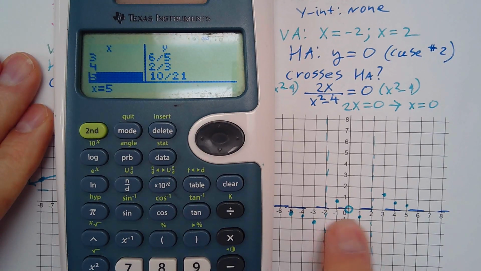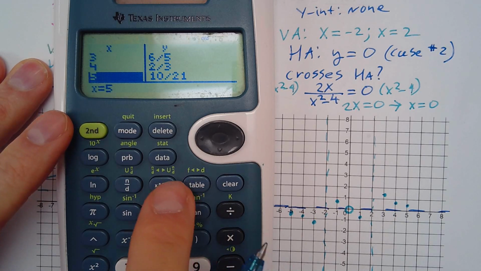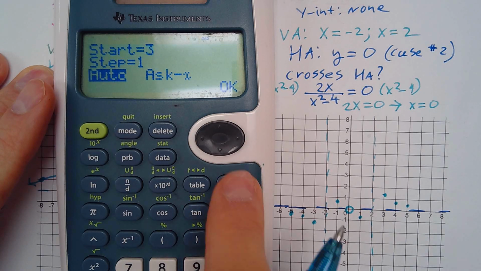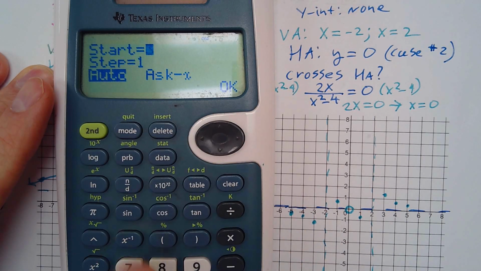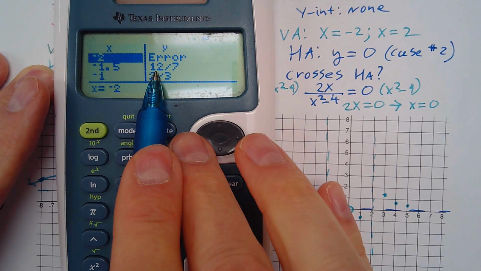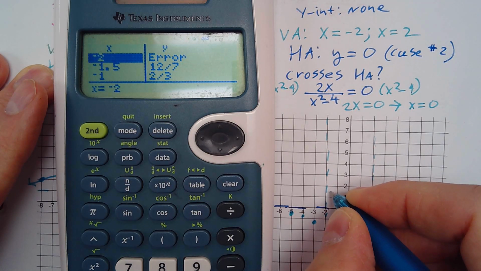So I would like to have some more information here, so let me go back, quit out of this, do my table again, hit enter, and I'm going to start here at -2, and step by 0.5. Well, 12 over 7, that's almost 2. So that's like up here.